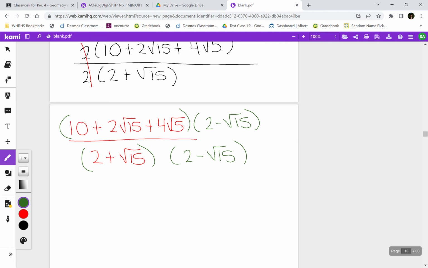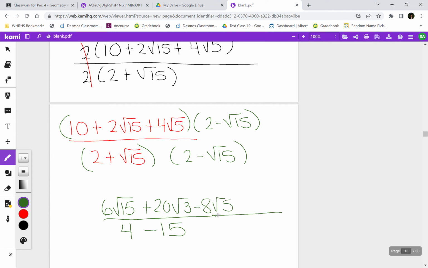So in our denominator, it's a squared minus b squared, so it's 4 minus 15. In our numerator, can I just give you my simplified version of this? I think it's going to be, I don't know, if somebody else did it and got something different, tell me. 6 root 15 plus 20 root 3 minus 8 root 5 plus 10.